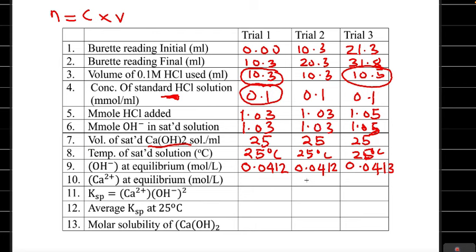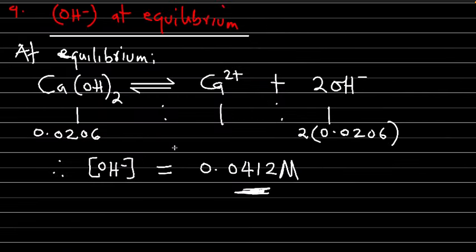Number 10 says concentration of calcium ion at equilibrium. It's very simple. Come back here. I'll remove this heading.